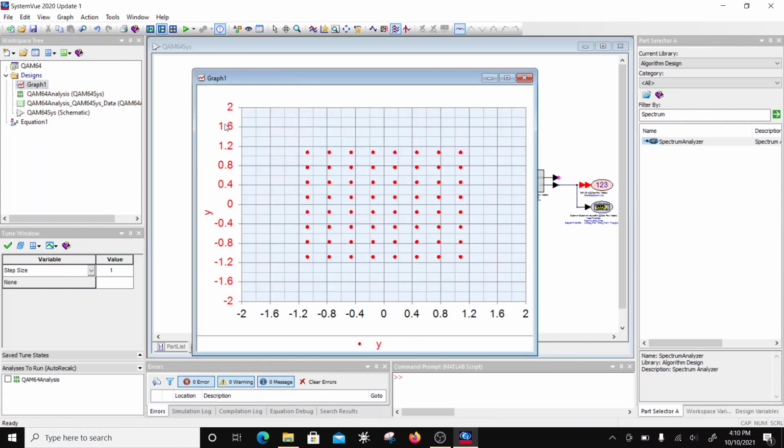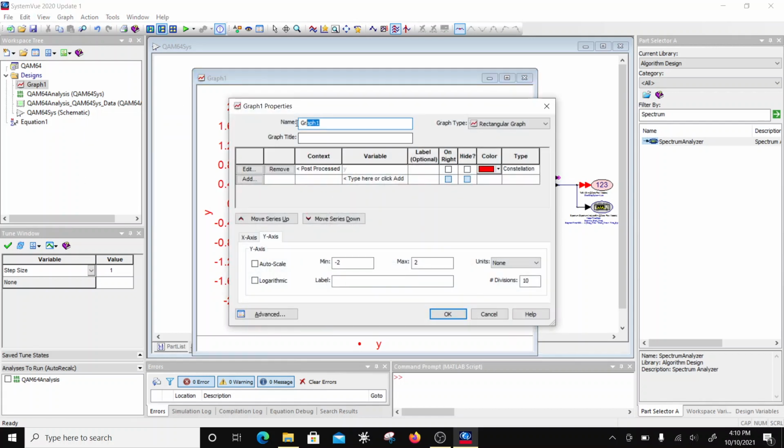So this is QAM 64. Okay, let me just label this. So this is a TX constellation, right? And I will call this output constellation.